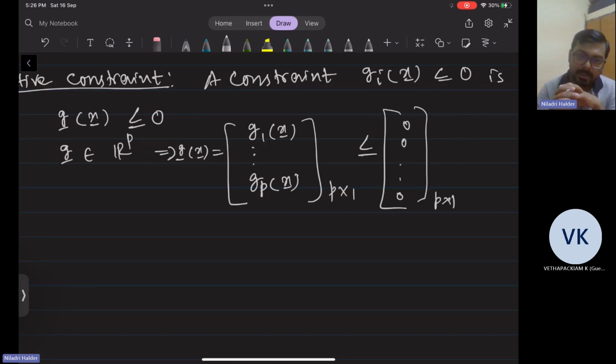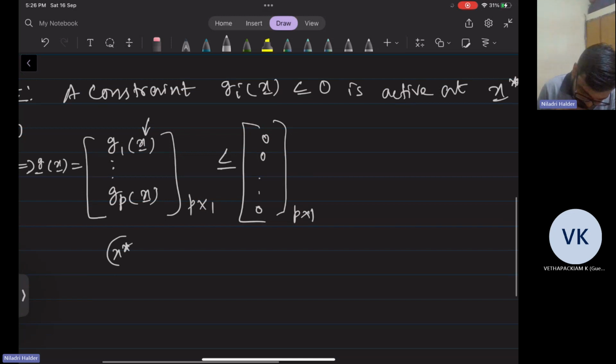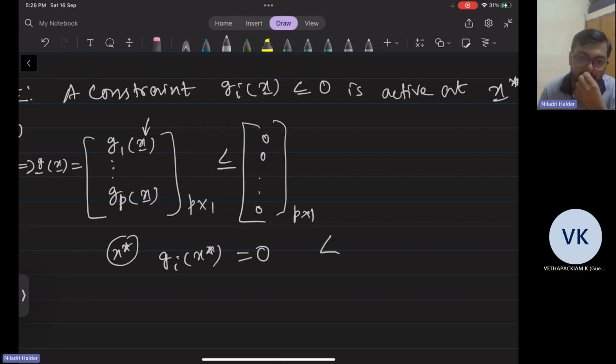Now we'll take these different x values. For a certain x, that is x star, g_i of x star will be equal to 0, not strictly less, but equal to 0. At that point, that x star, we'll say that that constraint is active at that x star.